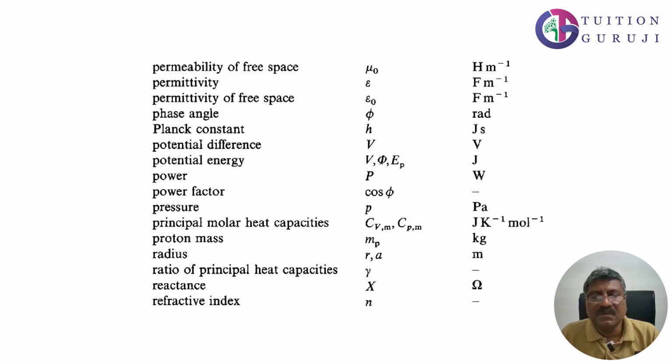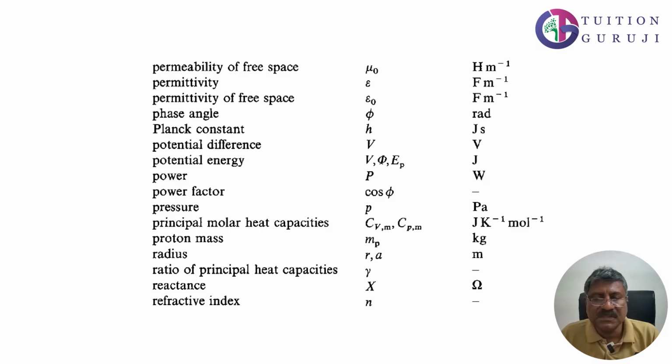Then epsilon 0, permittivity of free space, is also in Farad per meter. Then phase angle is in radian. Then Planck constant h in joule second. Then potential difference in volts. Then potential energy in joules. Power in watts. Pressure in Pascal.